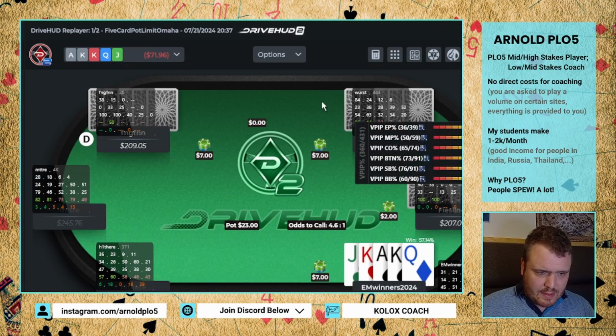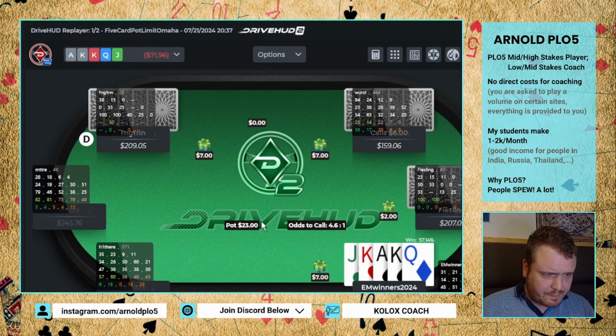This was the fish who calls everything. And somebody goes over the top. I think even though ace, king, king type of hands often fold the single suited, I have perfect connection on the top. So I think it's a perfect multi-way hand. And I have several ways to flop well. So I call.